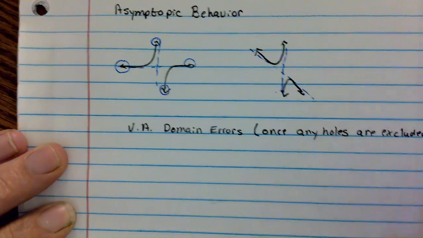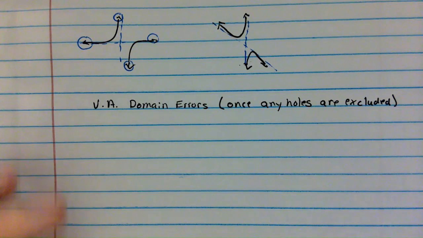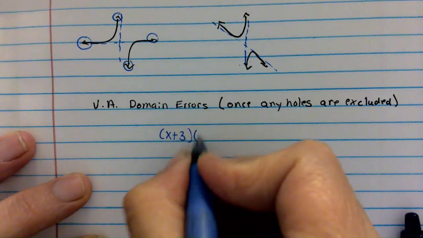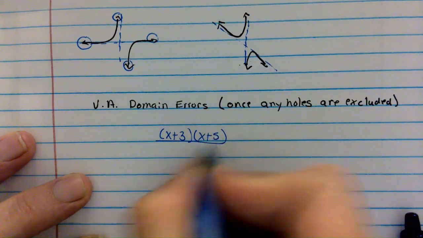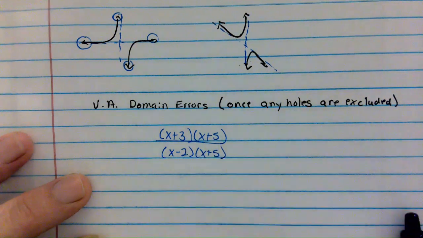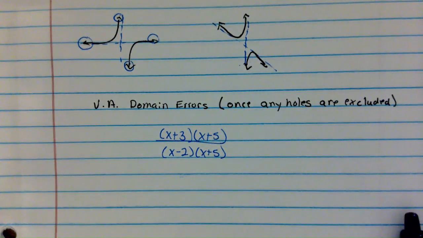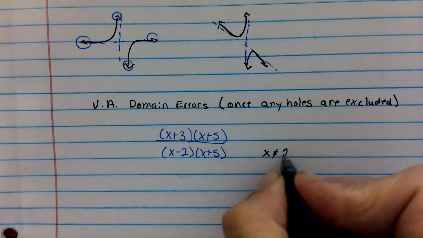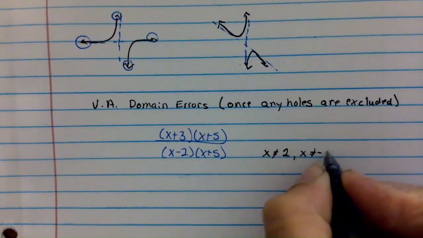Okay, so what do I mean by once you exclude any holes? So let's say you factored something and it's x plus 3, x plus 5 over x minus 2, x plus 5. So in our domain, we see our domain errors are that x cannot be 2 and x cannot be negative 5.